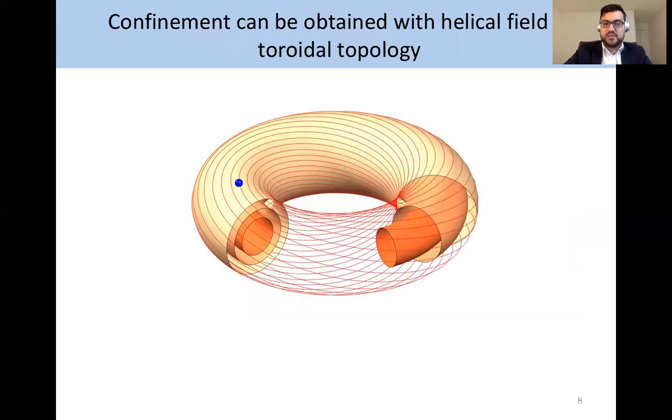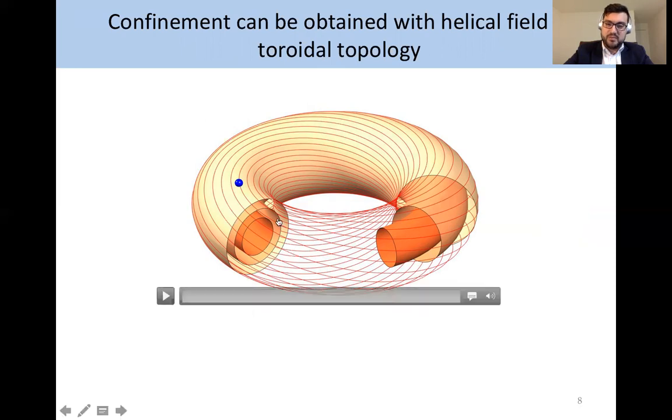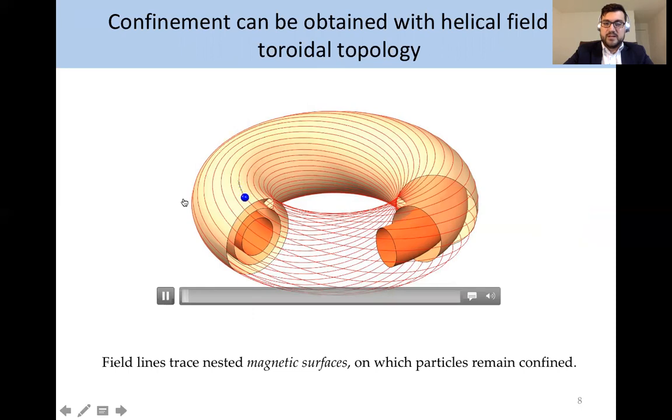And the ingenious solution is to consider, instead of this simple circular toroidal field, a helical toroidal field. So basically, particles keep following magnetic field lines.